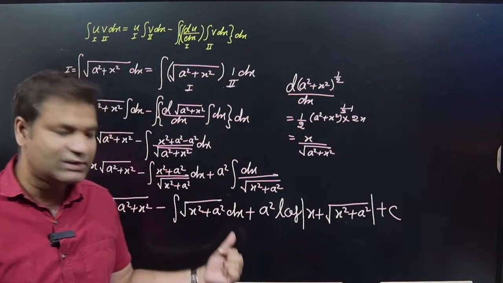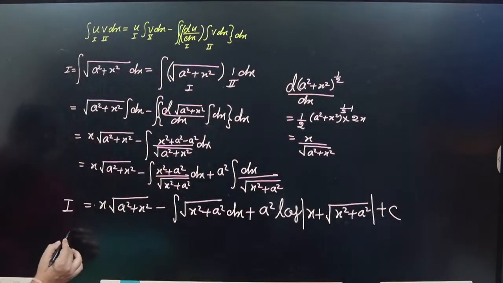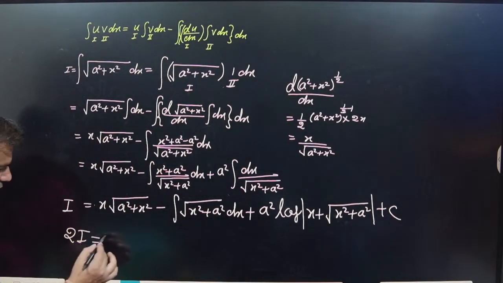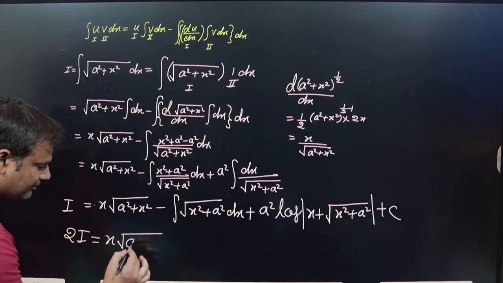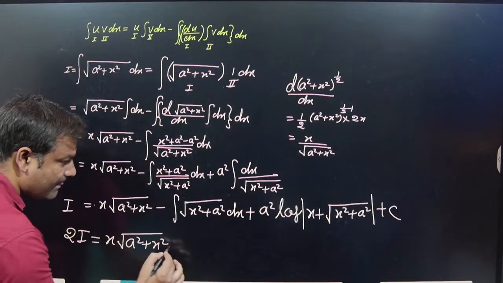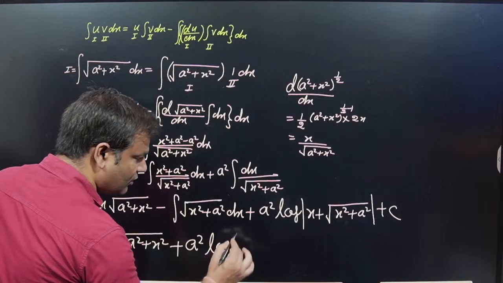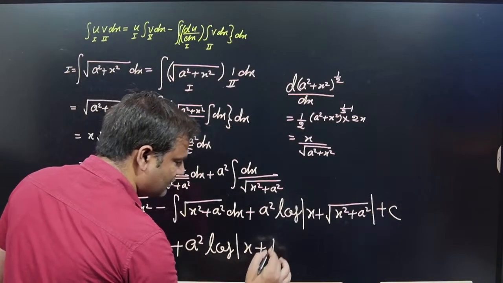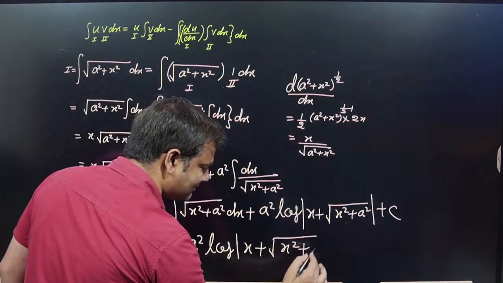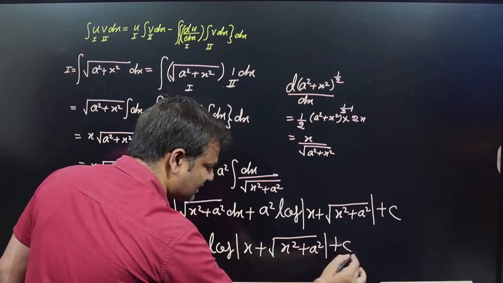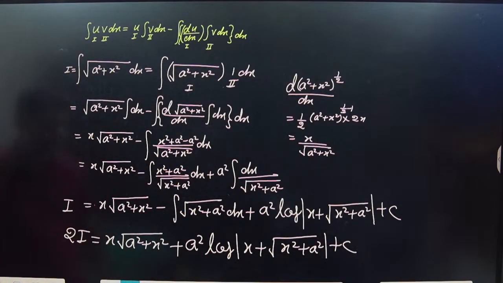This is also I, so I plus I, that is 2I. So 2I is equal to how much? x under root x square plus a square plus a square log of x plus under root x square plus a square plus c. Okay, now finally I is how much?